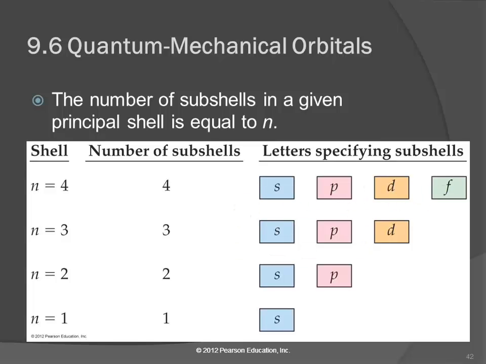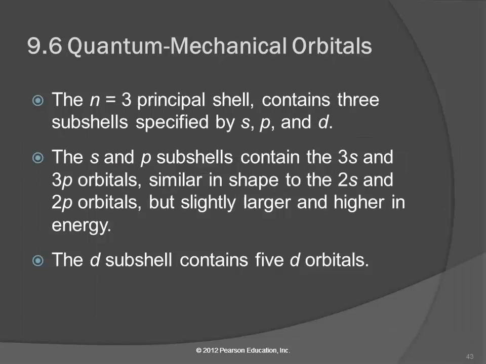Guess how many rooms the 5th floor has? 5. Yeah, there's a pattern here. So the number of subshells equals the number of the shell. The third shell has 3 subshells. That one level is divided into 3 sublevels.